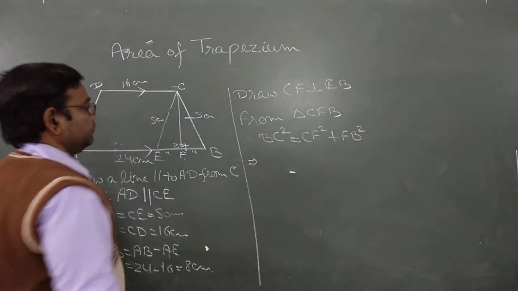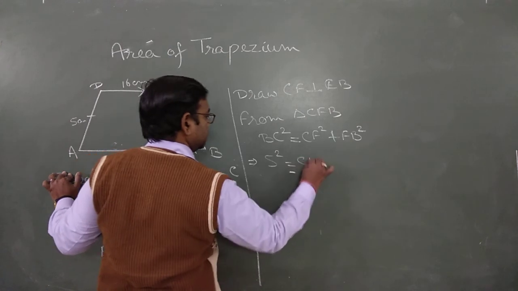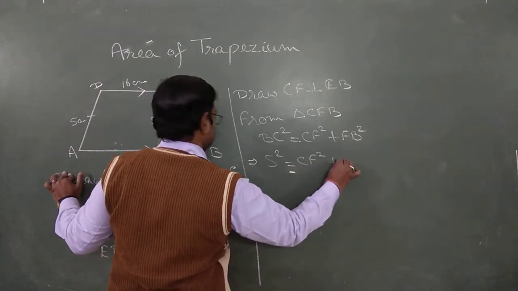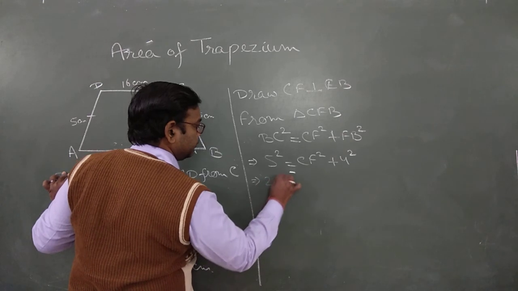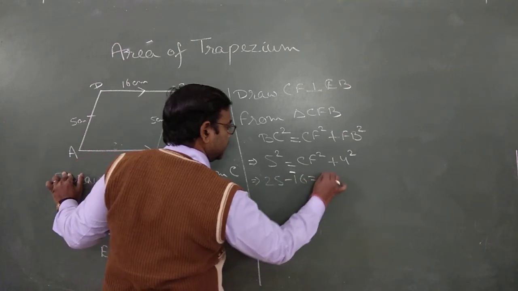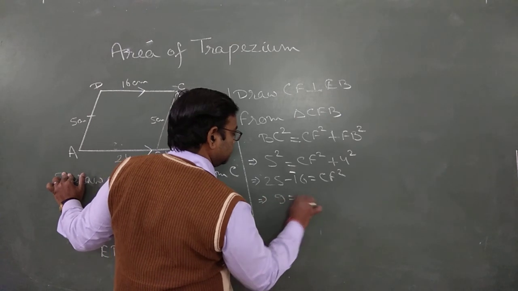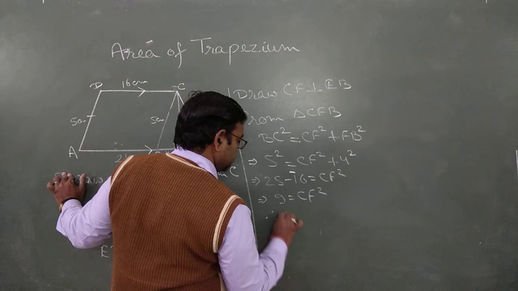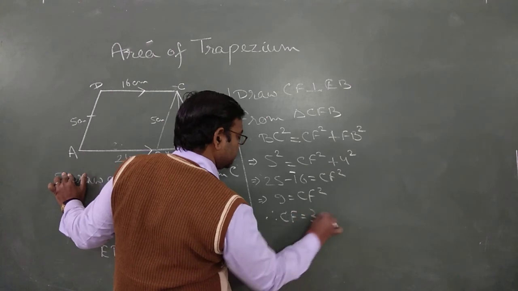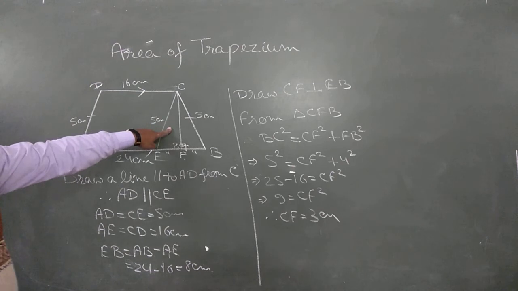It's your 5 square equals CF square plus 4 square. So ultimately what we have, 25 minus 16 equals CF square. It's 9 equals CF square. Therefore CF equals 3 centimeter. Now we have a height, 3 centimeter.